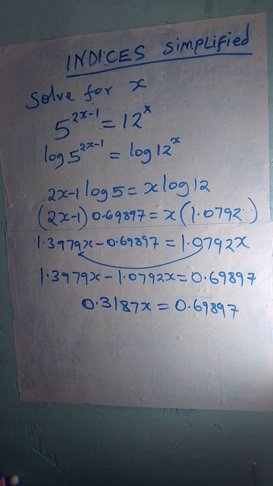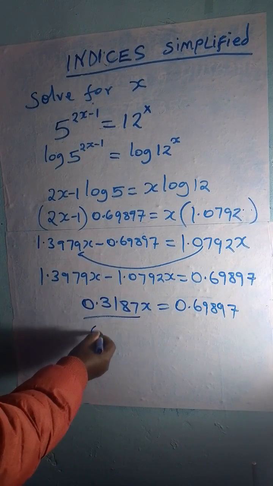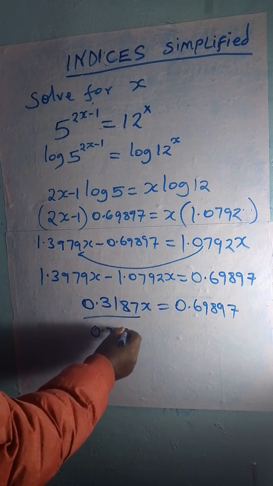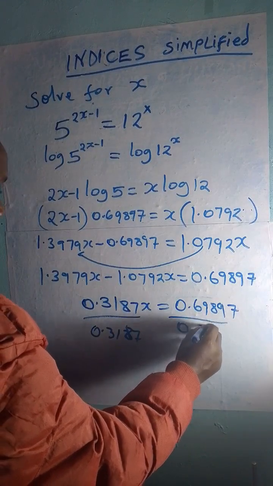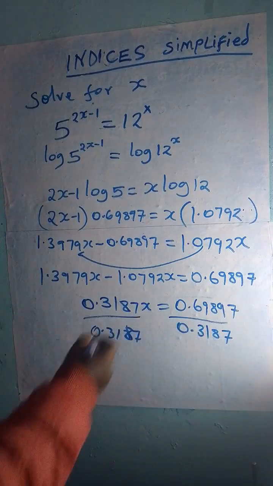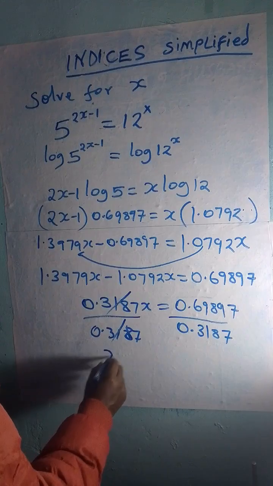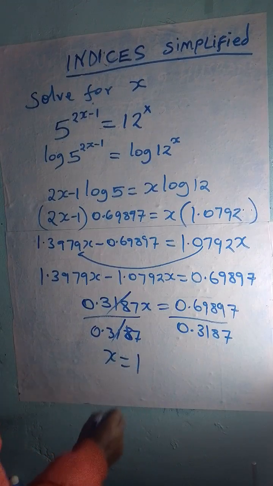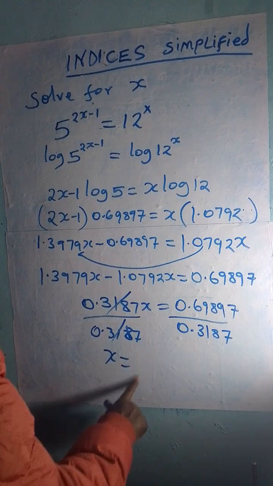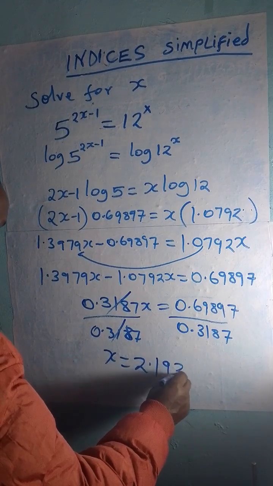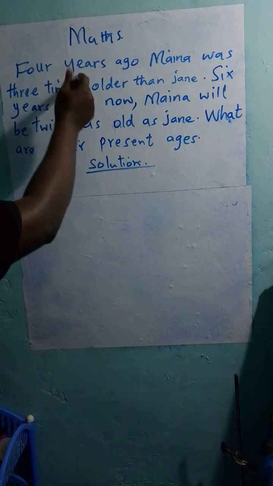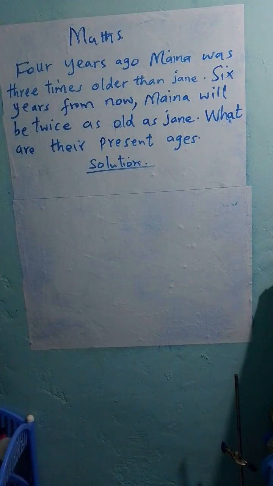We want the value of x, therefore we divide both sides by 0.3187. So x equal to 2.193.